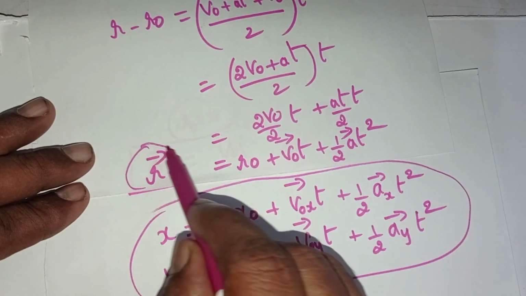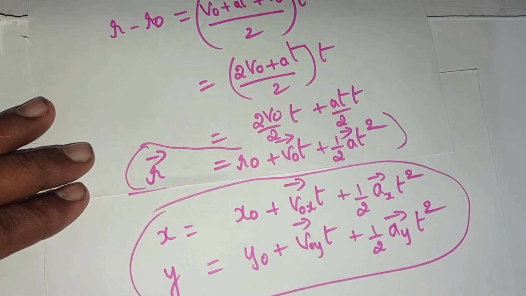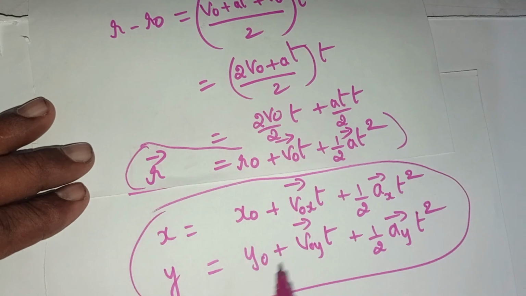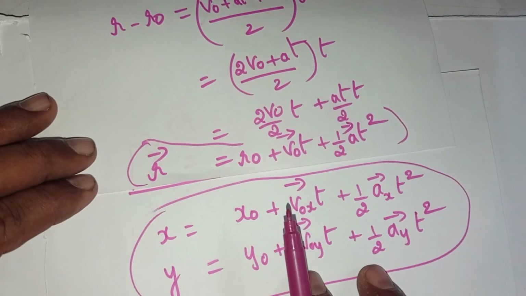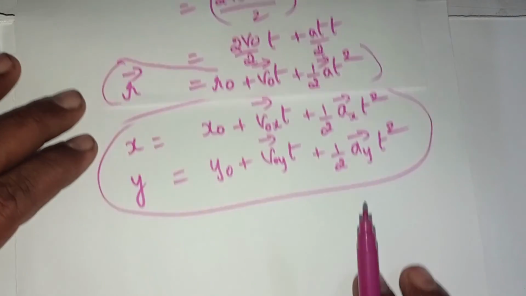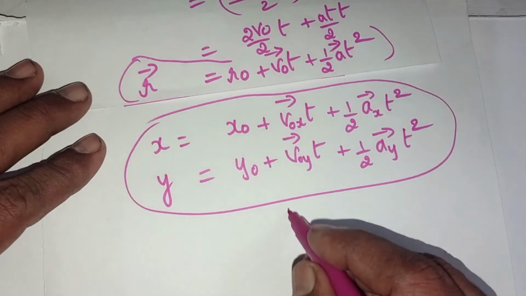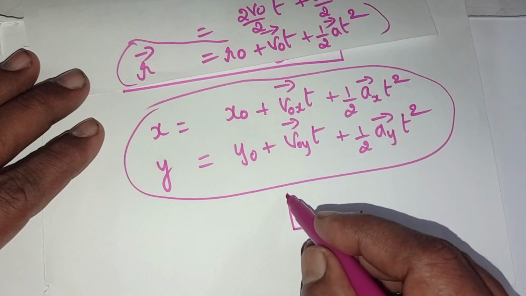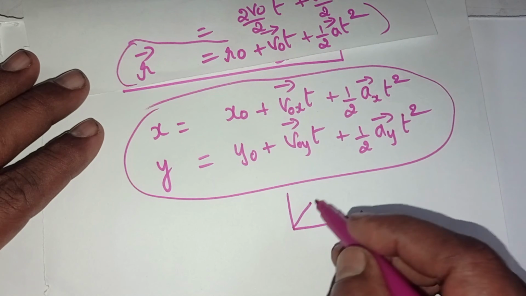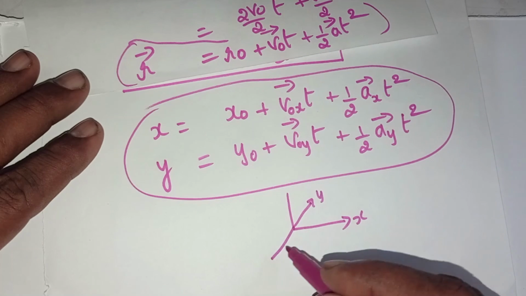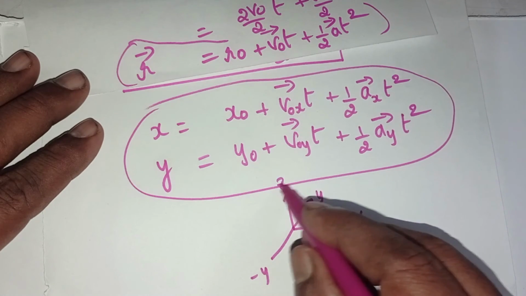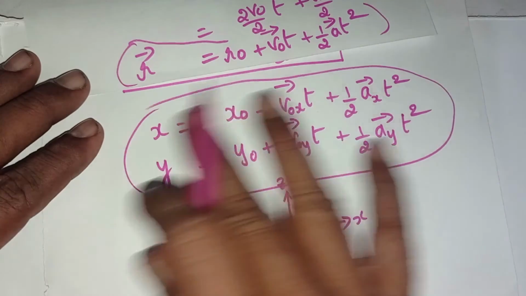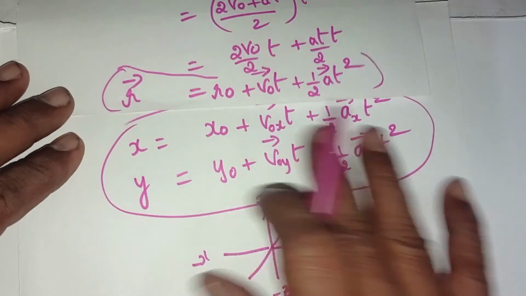Actually, if we have understood this, then it is sufficient. But if you want to split into components as X and Y, we can rewrite like this. Actually, if you go for three-dimensional analysis, then you will have all three components: X, this is Y, this is minus Y, and this is Z. This is minus Z and this is minus X. So we have considered only the XY plane, therefore we got this result.